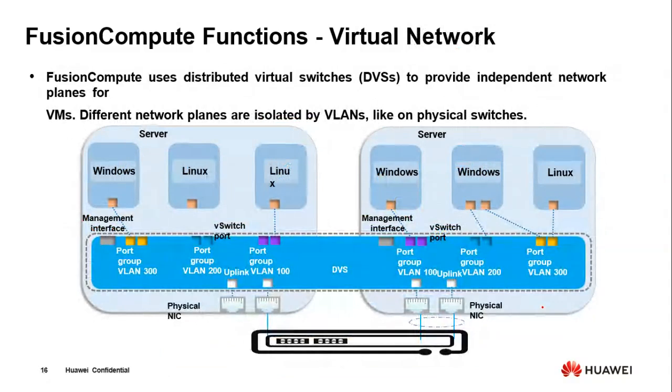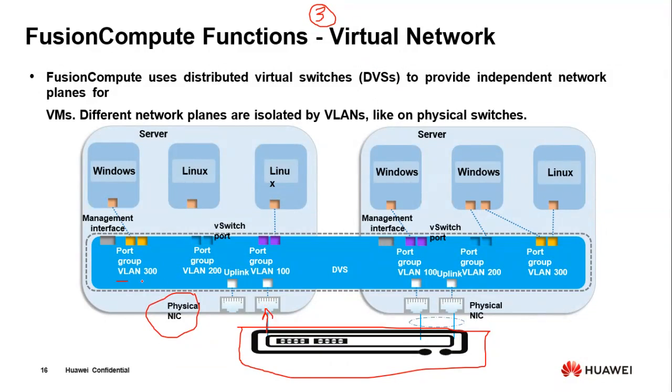Then the network section, number 3. The network section uses a NIC if it is wireless. Okay, so you're gonna have a physical NIC. Okay, and the data center or server will need to be connected to a port. Okay, so you're gonna have a port just like a switch port or a router port. Okay, so on this router port or switch port, you need to create VLANs.